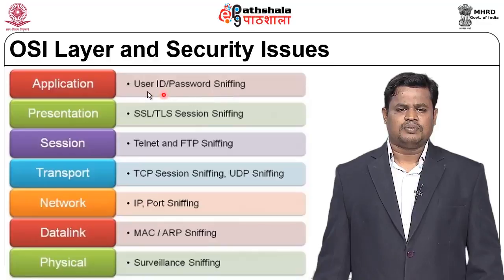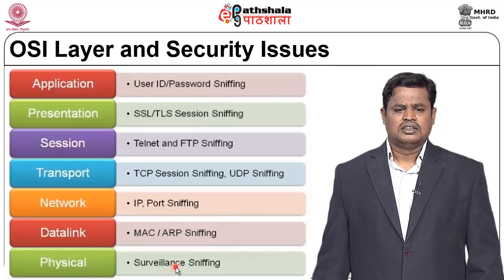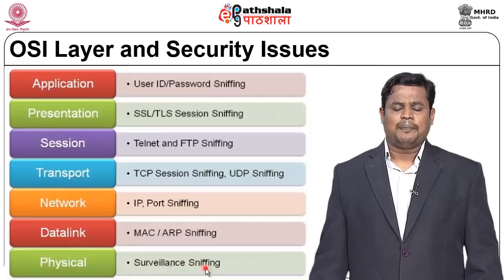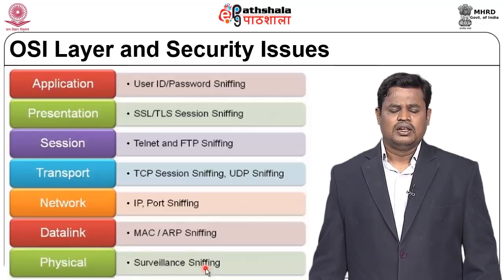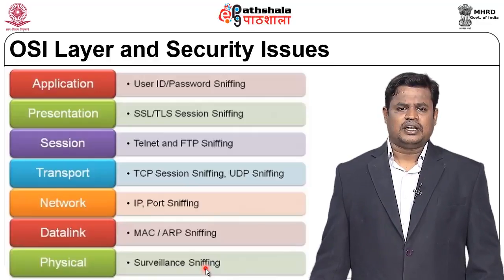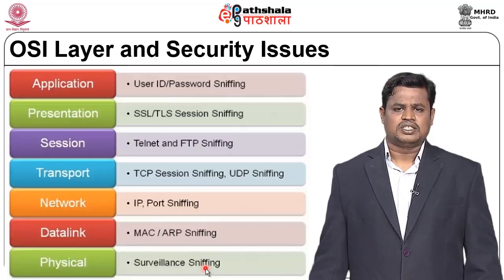For example, if we start from the physical layer, surveillance and sniffing. Sniffing means capturing that information. They start to sniff what is happening in the network. Usually we know very well that the internet is not a safe zone. We can't trust our data on the internet without any security support.